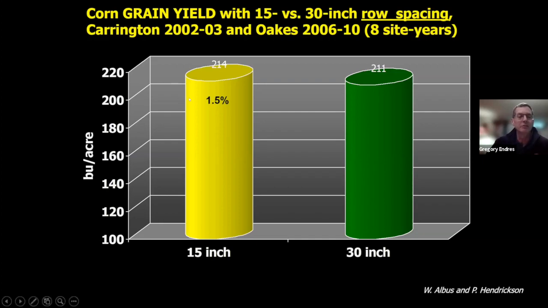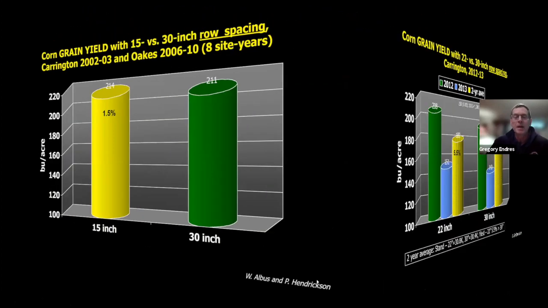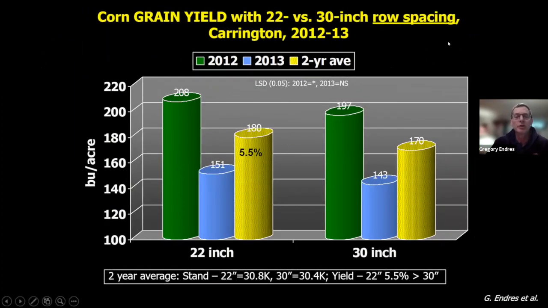And notice that we had some fairly substantial yields in this database. Another database is 2 years of work at Carrington, comparing 22 to 30-inch rows. And note that with the yellow bars, which are the average, comparing 22 to 30-inch, we had a little higher response in yield with the 22-inch compared to 30.